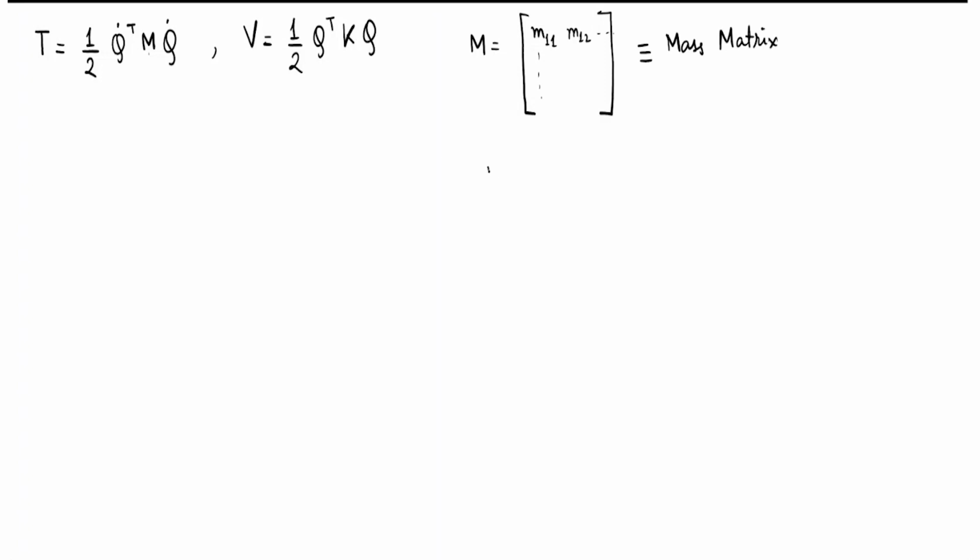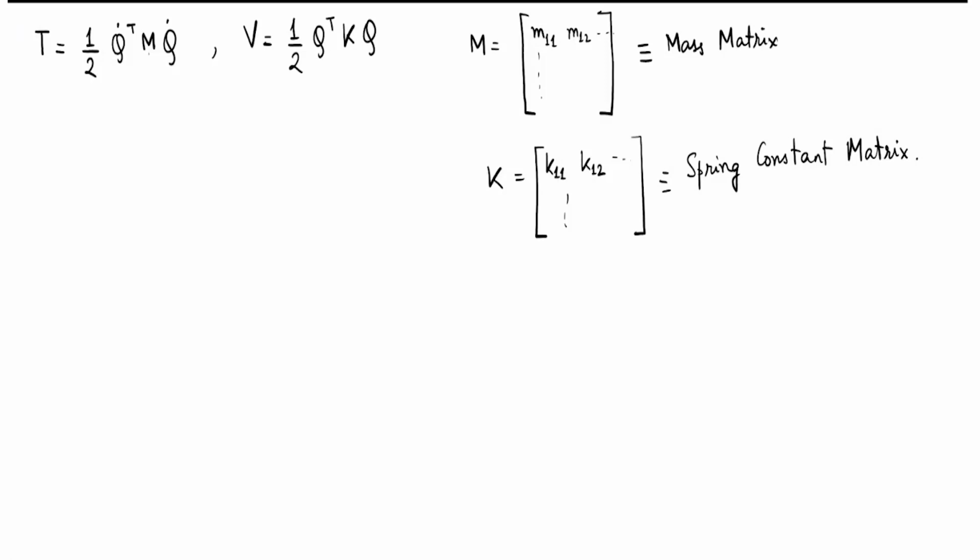And K has all the spring constant terms, K11, K12, so this is all Kij's. This is called the spring constant matrix.